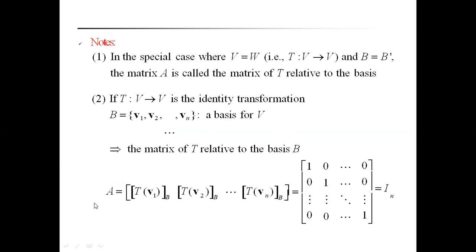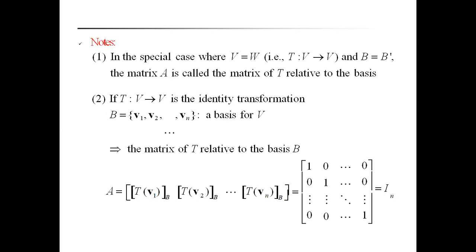Mainly here, remember some note points regarding this transition matrix of the linear transformation. In the special case where V is equal to W, that means T is a linear transformation from a vector space to itself, that is T from V to V, and if the basis B is equal to B dash, therefore the matrix A is called the matrix of T relative to the basis B. Because the vector spaces are the same, the bases are also the same.